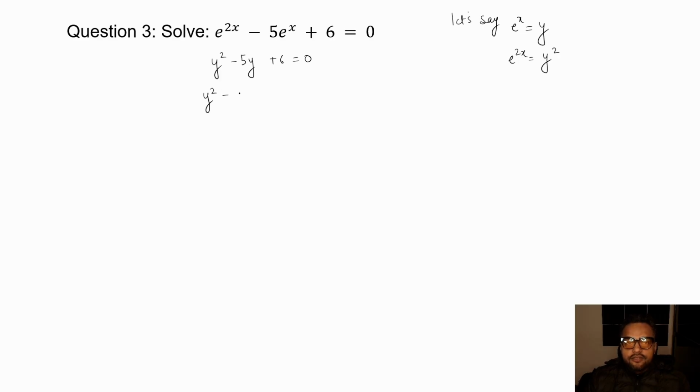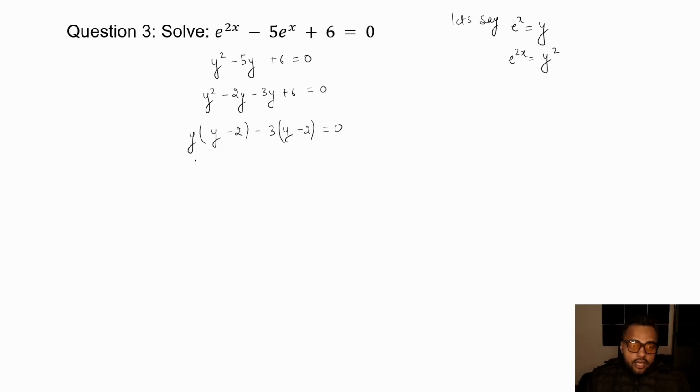On factorizing this, we'll get y square negative of 2y negative of 3y plus 6 equals 0. Taking common from the first two terms, we'll get y negative of 2, negative of 3. Taking 3 common in the third and fourth terms, you'll get negative 3 out, y negative 2 in the brackets equals 0.